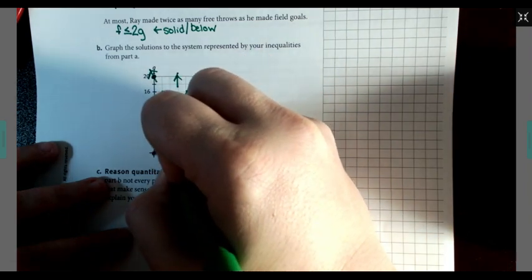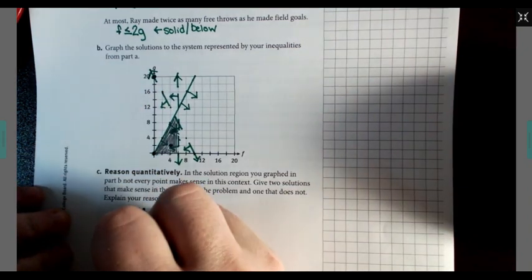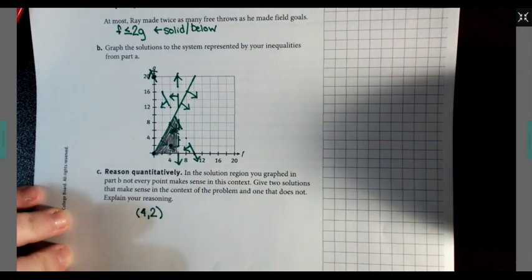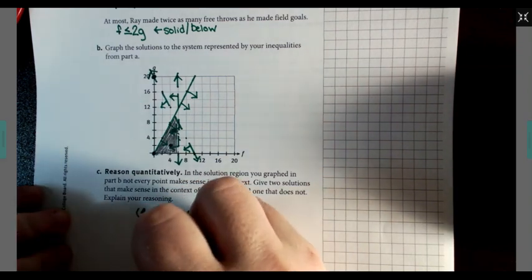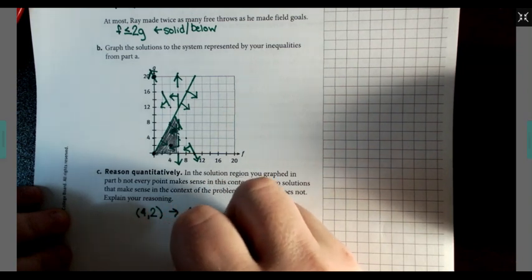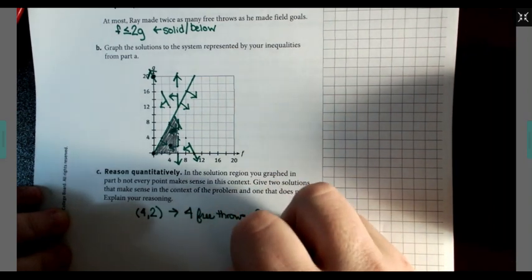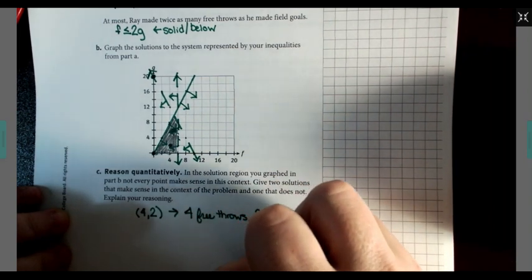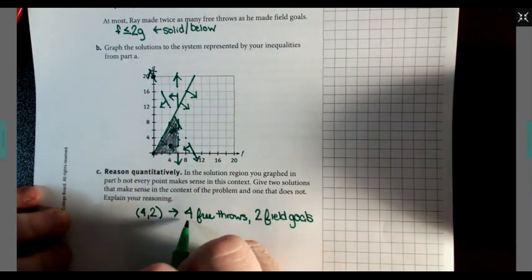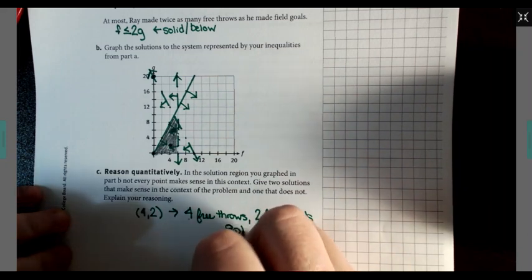We can do this point, 4 comma 2. That's in the solution, right? This means we make 4 free throws and 2 field goals. That means he makes 4 plus 4, he makes 8 points.